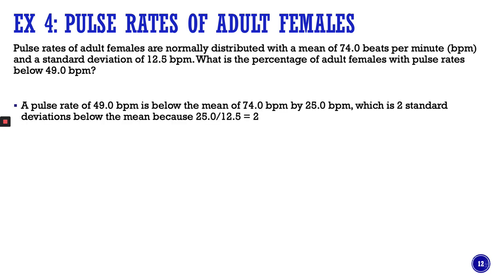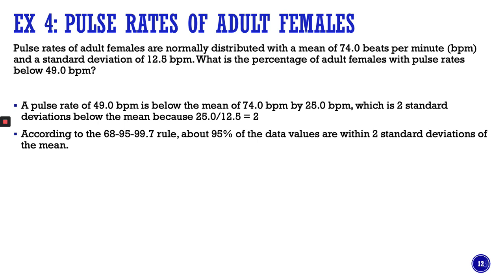A pulse rate of 49.0 beats per minute is below the mean of 74.0 beats per minute by 25. We know that because we take 74 and subtract 49 and get 25 beats per minute, which is 2 standard deviations below the mean because 25 divided by 12.5, which is our standard deviation, equals 2.